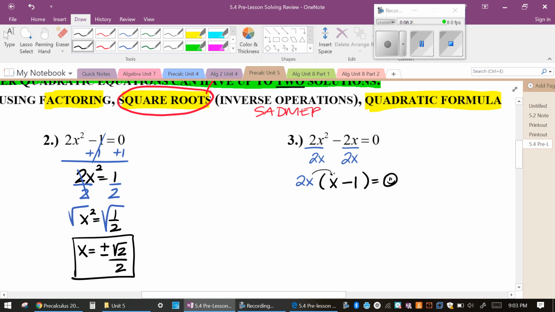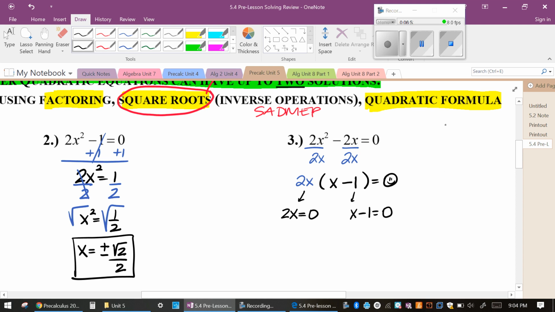Remember, you should technically be able to multiply 2x times x to get the original 2x squared, 2x times negative 1 to get negative 2x. Factoring never changes the value of a problem, just changes it into a distribution, aka multiplication problem. When you're solving quadratics and you're done factoring, so this is the most I can factor, I go ahead and set each linear factor equal to 0.